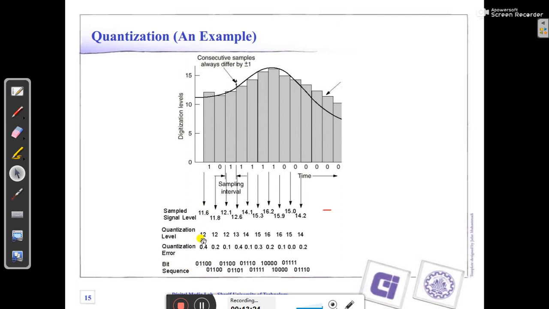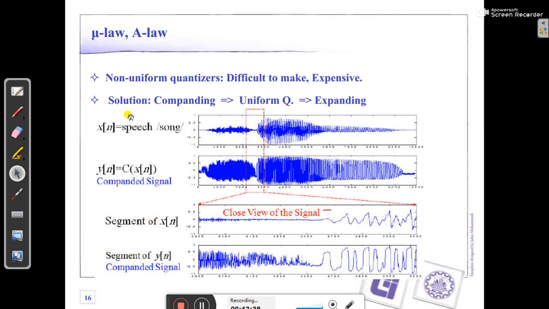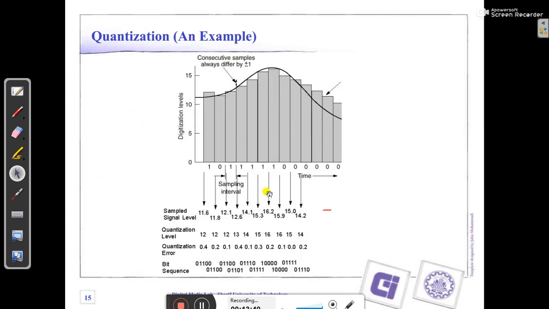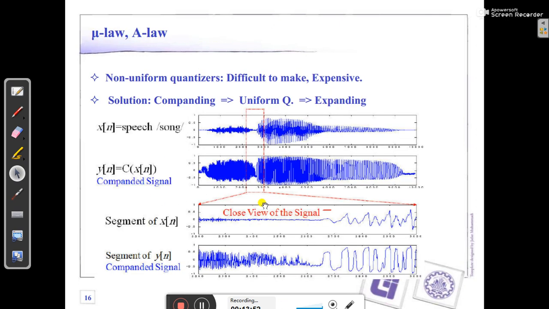For the other 12 this is also 0 1 1 0 0. So it will create the bit sequence for each quantization level, but there will be some error related to it. That is how the audio is sampled and quantized.